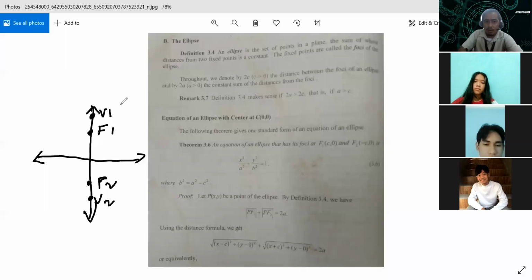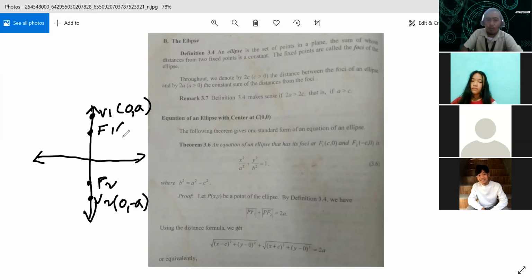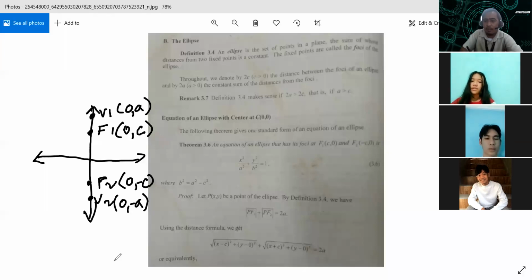If you look at it, your major axis is along the y-axis. So the coordinates of your vertices should be (0, a) and (0, negative a), while your foci should be (0, c) and (0, negative c).